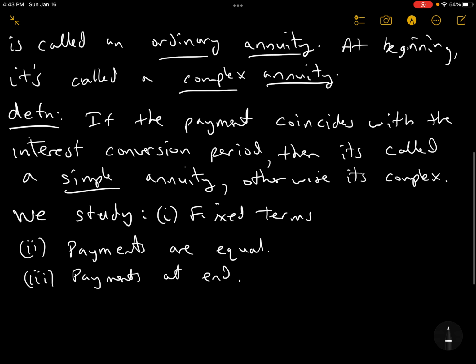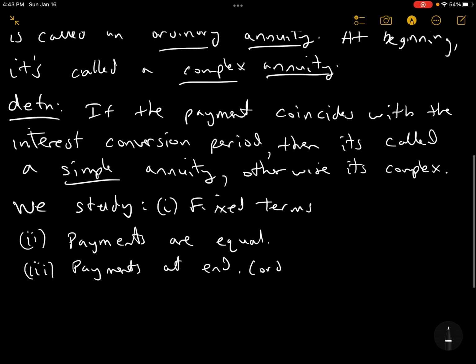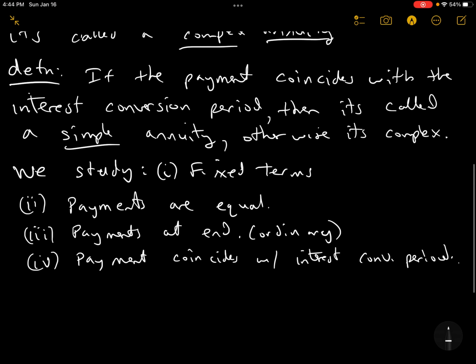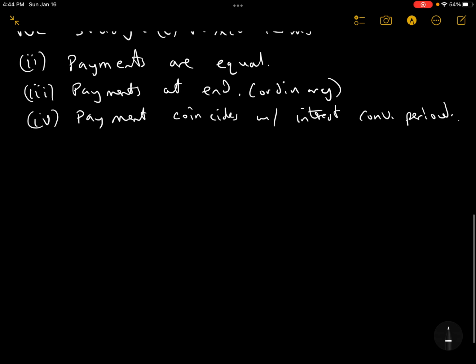So that means it's an ordinary annuity. And four, payment coincides with interest conversion period. And again, to be honest, in my career, I've never seen anything but this. So wherever these other types of annuities exist, I don't know about them.